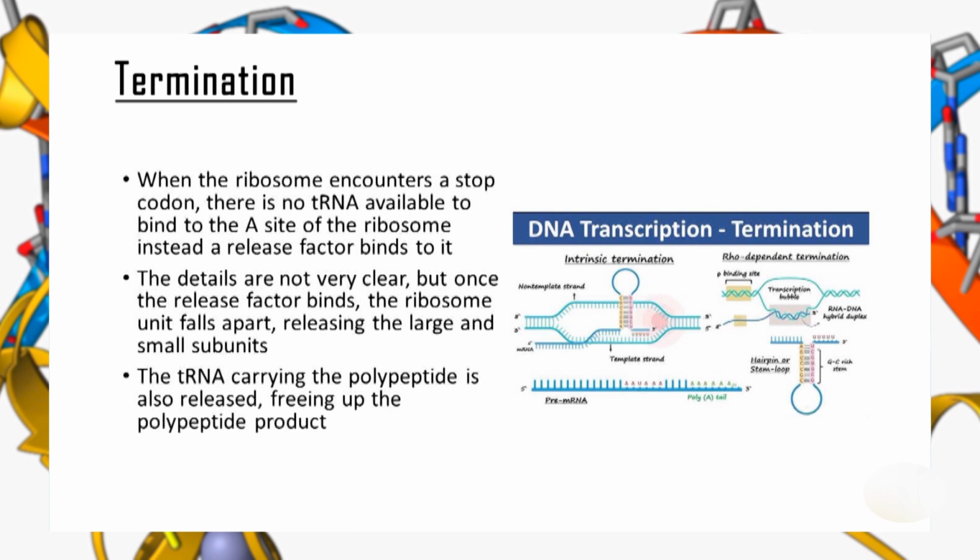The details are not very clear, but once the release factor binds, the ribosome unit falls apart, releasing the large and small subunits. The tRNA carrying the polypeptide is also released, freeing the polypeptide product. This is the pictorial representation, step by step.